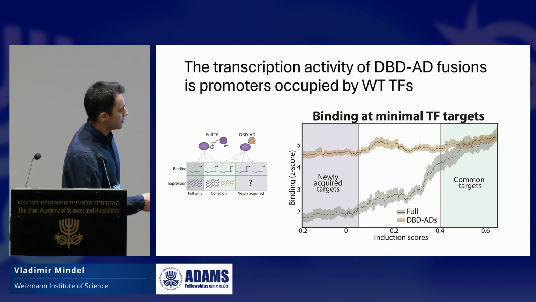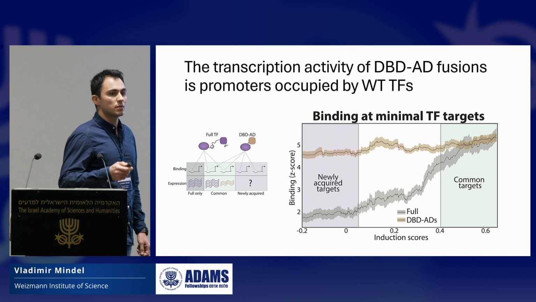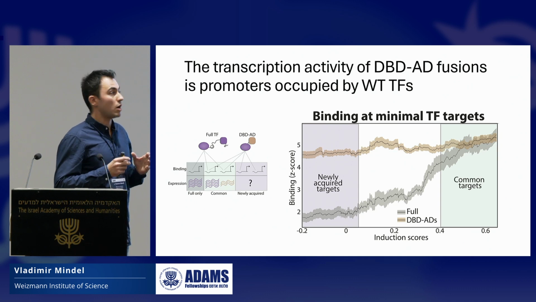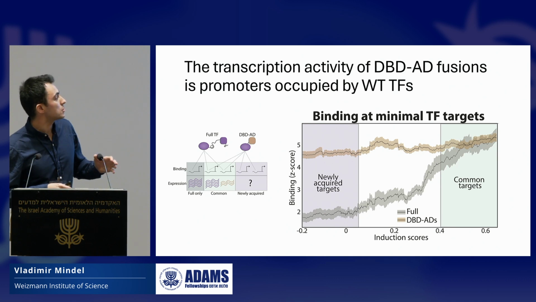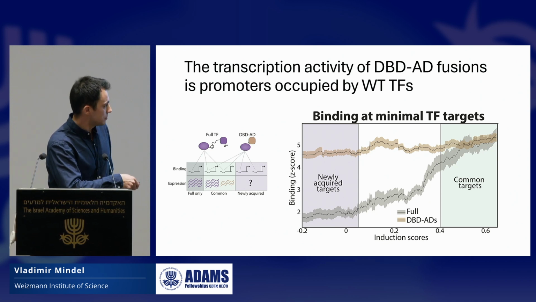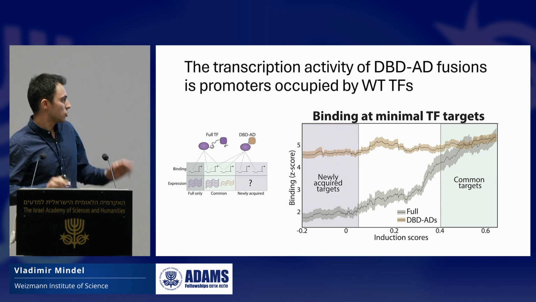The gray line is the binding of the full-length transcription factors, while the brown line is of the DBD-AD fusions. So somehow, only those areas that in native conditions are bound only by the full transcription factors are induced by the minimal ones, leaving all those targets that the DBD-AD bound not activated.